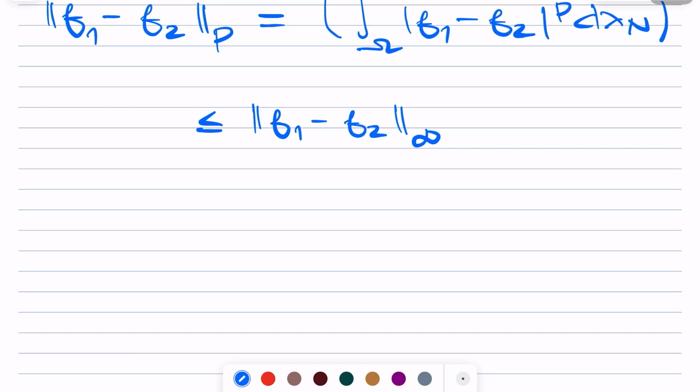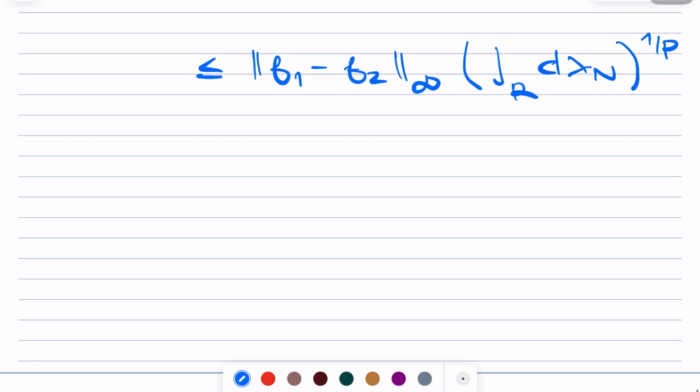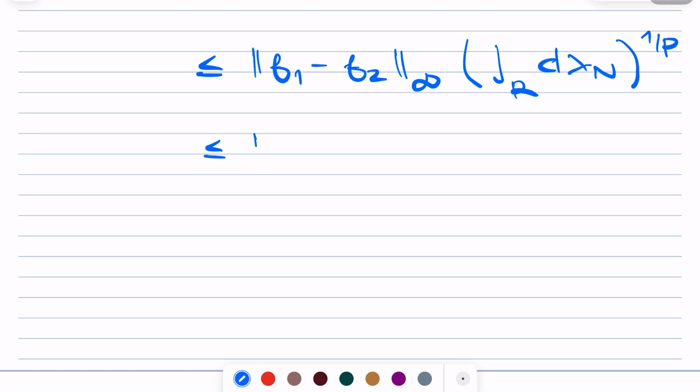So this is equal to the integral over R, where R contains the support of f1, to the power 1 over p. But this is exactly the norm of f1 minus f2 infinity times the n-dimensional Lebesgue measure of the cube R, everything raised to the power 1 over p.